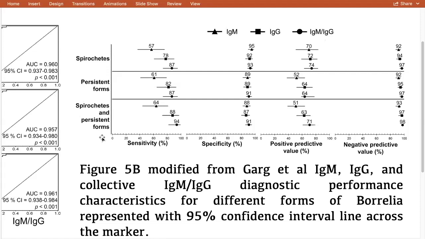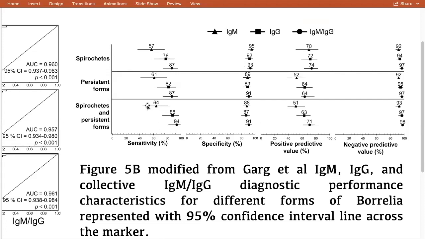So what we're basically showing over here is that when you add spirochete and persistent forms together, and when you're looking at IgM and IgG responses together, you get the best sensitivity, which is 94%, and the specificity, which is 91%. But you can see that the sensitivity decreases when you are looking at just one antibody.